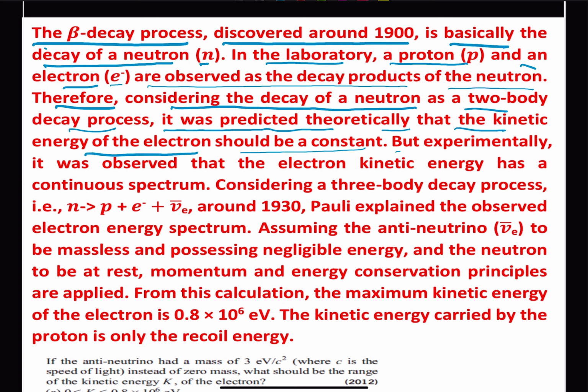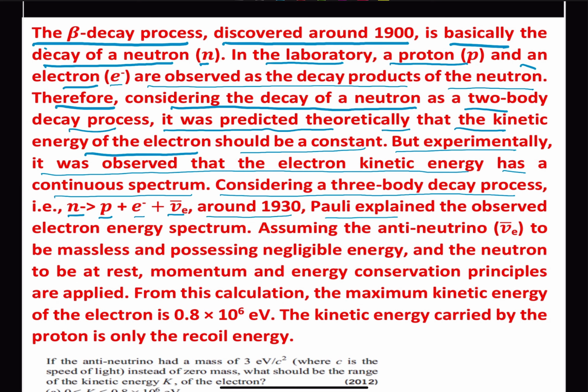But experimentally, it was observed that the electron's kinetic energy has a continuous spectrum. Considering a three-body decay process, that is, N gives a proton, electron, and an antineutrino, around 1930 Pauli explained the observed electron energy spectrum.